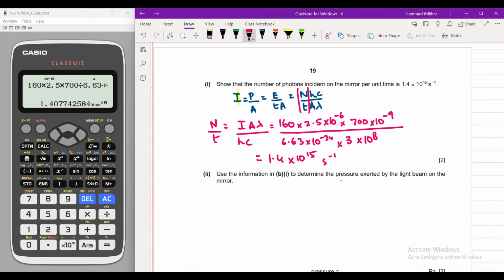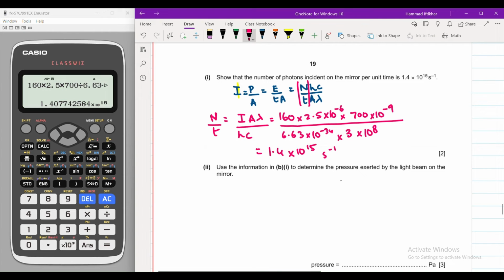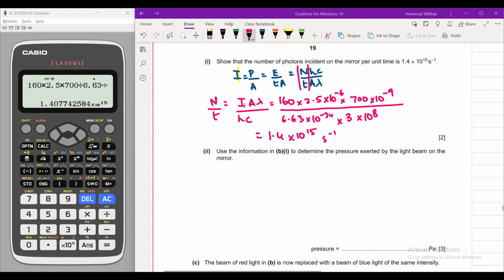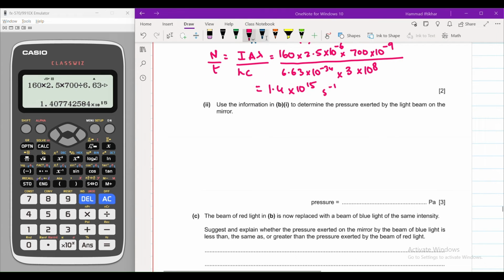Use the information from B1 to determine the pressure exerted by the light beam on the mirror. Okay, so for the pressure, we know that the pressure is equal to force over area, and force is basically the rate of change of momentum with respect to time.